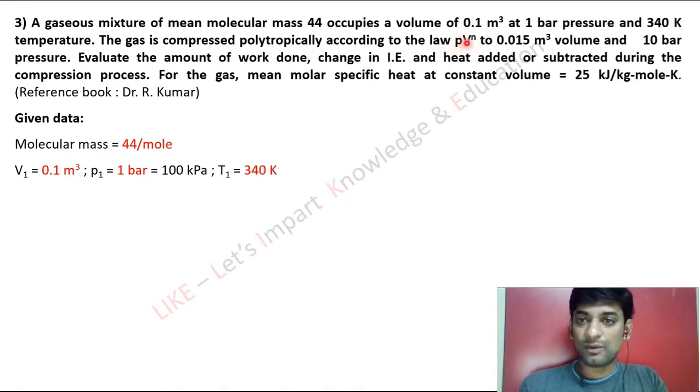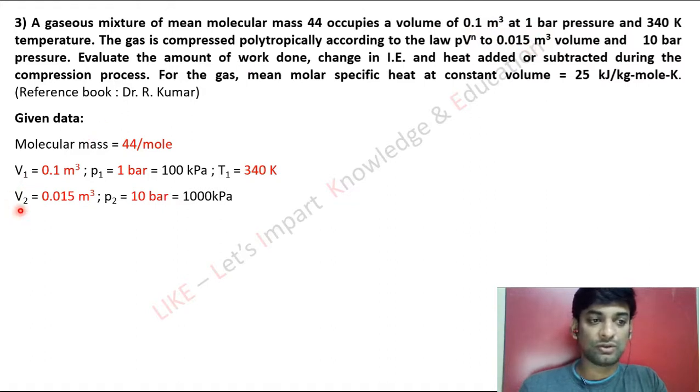According to the law PV power n to 0.015 meter cube. So the volume is reduced to 0.015 meter cube. Initially it was 0.1, then it is reduced to 0.015 meter cube. Look at this, V2 becomes 0.015 meter cube. Since it is a compression process, volume will be reduced. And 10 bar pressure.